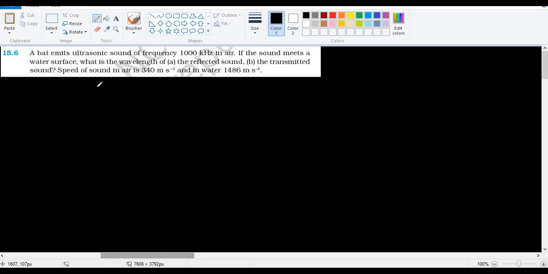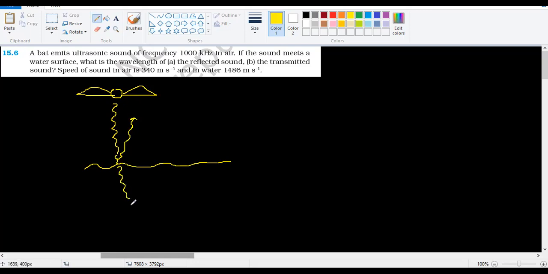A bat emits ultrasonic sound of frequency 1000 kHz in air. If the sound meets the water surface, what is the wavelength of the reflected sound and the transmitted sound, given the speed of sound in air? Okay, so you have some water surface here and a bat over here. It is giving out some sound wave. It gets reflected back, and some of the sound is transmitted. So this is your reflected and this is your transmitted.